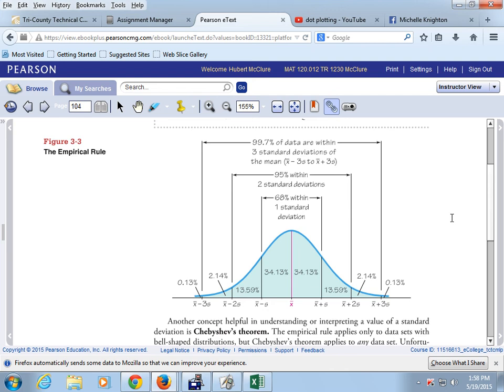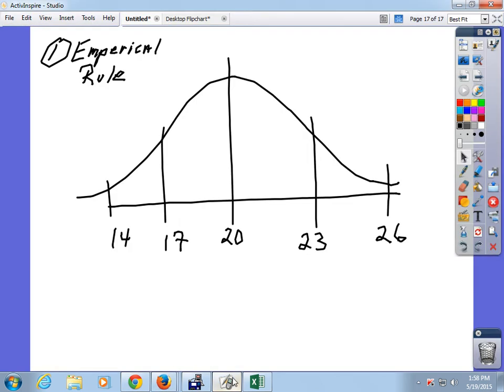That 95% is going to fall between here and here. So 95% of the data that we pulled up is going to fall between here and here. And that's considered normal. 95% falls within two standard deviations.